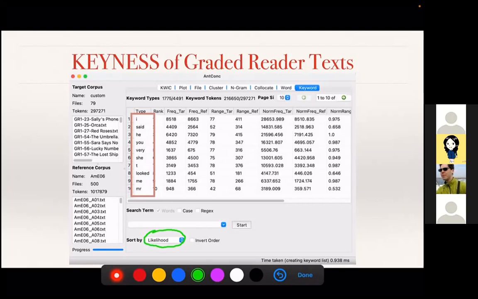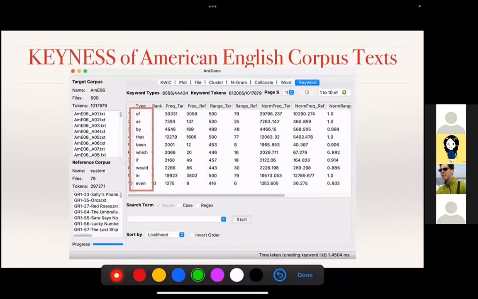But this time, I compared the graded reader with the American English corpus text. So if I compare with the graded reader as the reference, it shows the keyness of the American English corpus against the graded reader.